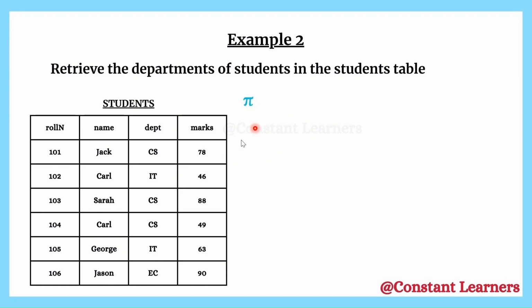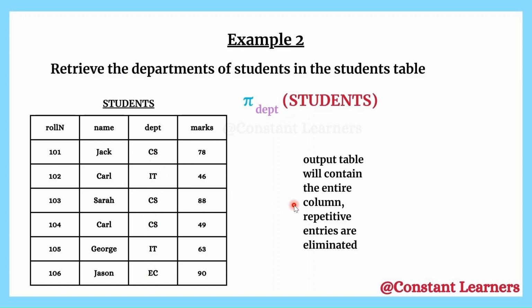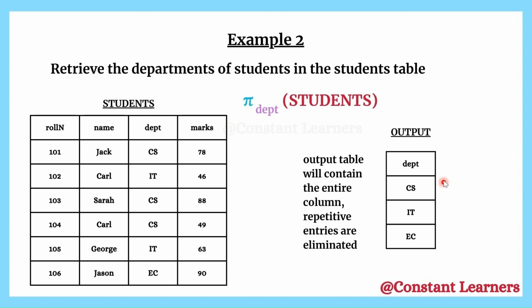Then in the subscript, we put the column name, that is department, and the name of the table, that is students table. Now here in this column, we have CS and IT multiple times, right? But repetitive entries will be eliminated in the output. So the output will contain only 3 entries, that is CS, IT and EC.